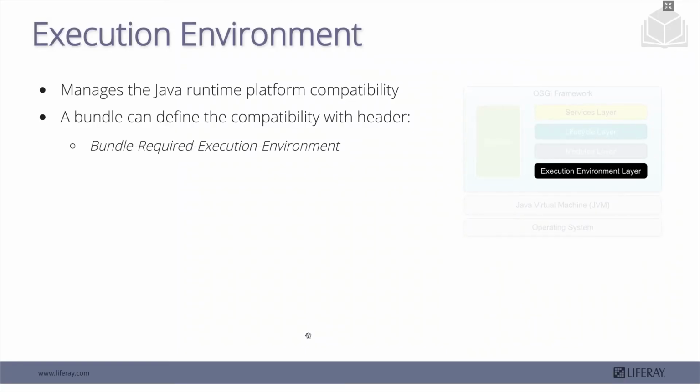And then the execution environment layer. This is the one responsible for ensuring that this whole OSGi framework is going to be running within our JVM, within the Java runtime, making sure that everything that needs to be run is going to be run, and any version compatibility issues will be taken care of.